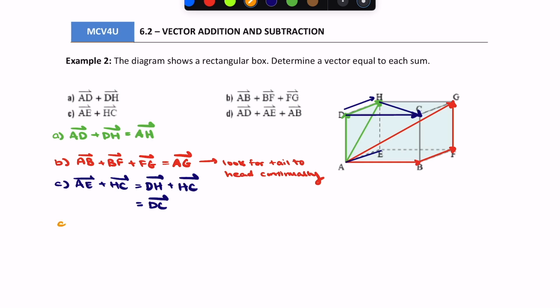And finally, for D, we have vector AD plus vector AE plus vector AB. So here, again, we can see that vector AE is the same as vector DH. So just draw that again. And we know that vector AB is also the same as vector HG.